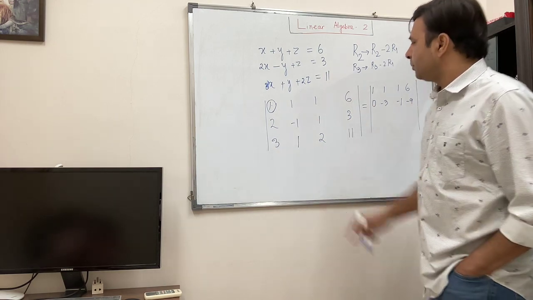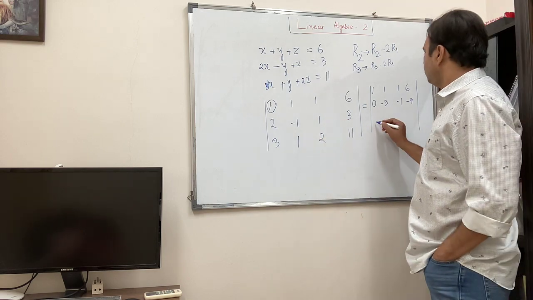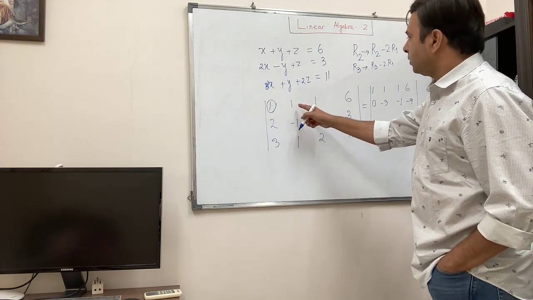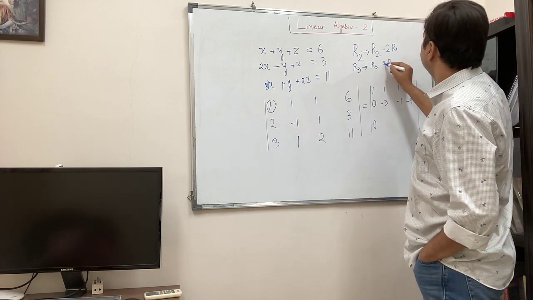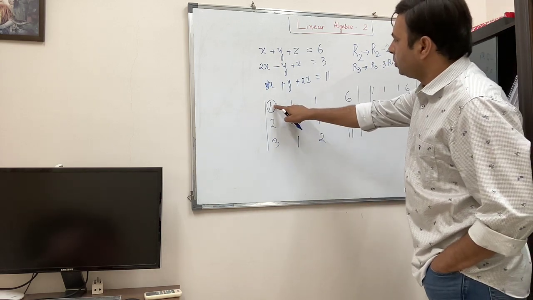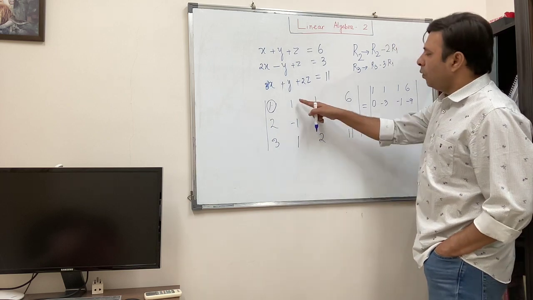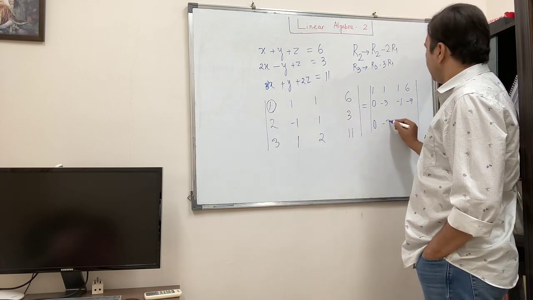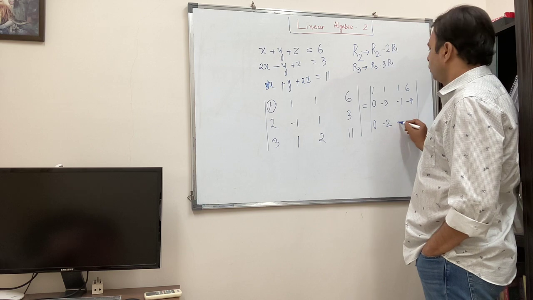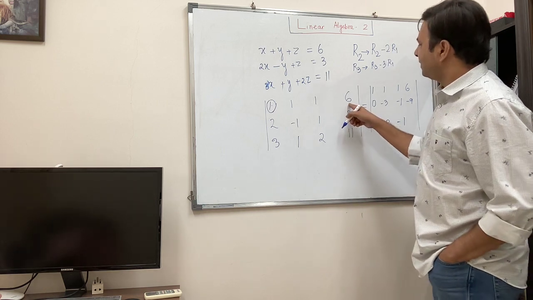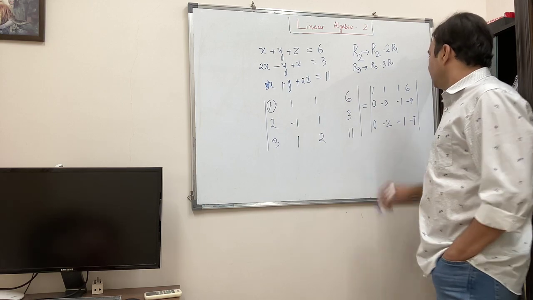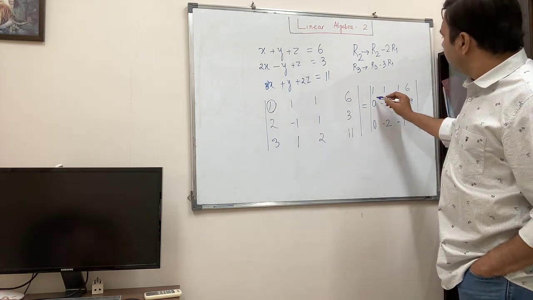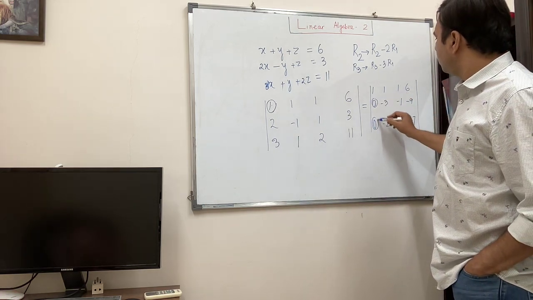And similarly for the third row, 3 times R1, right? So 1 into 3 minus 3 is 0, 1 minus 3 is minus 2, minus 1, and 6 into 3 is 18, 11 minus 18 is equal to minus 7. So you see, already I have made this guy and this guy 0.